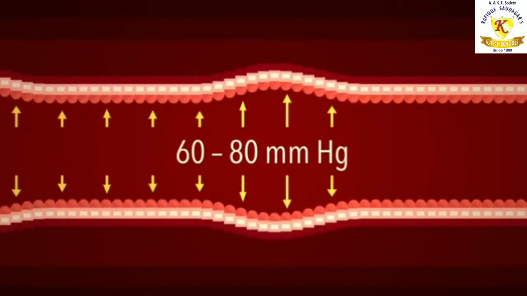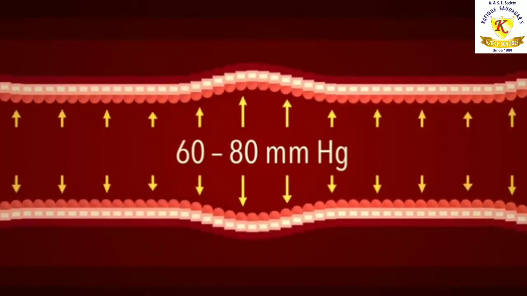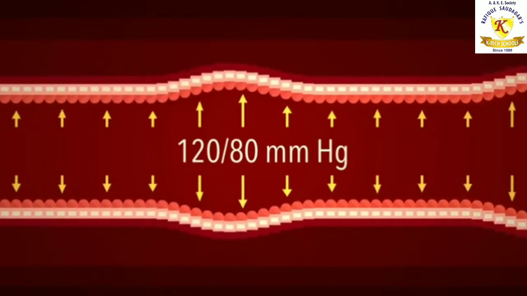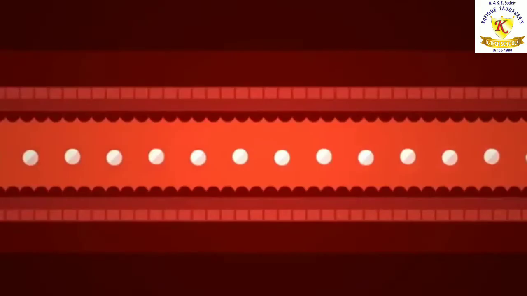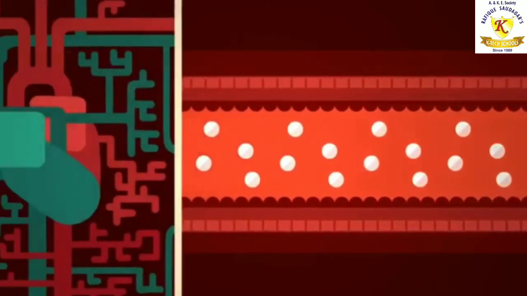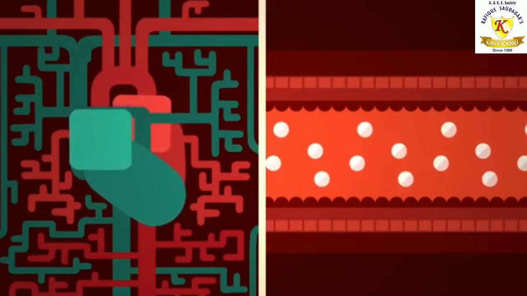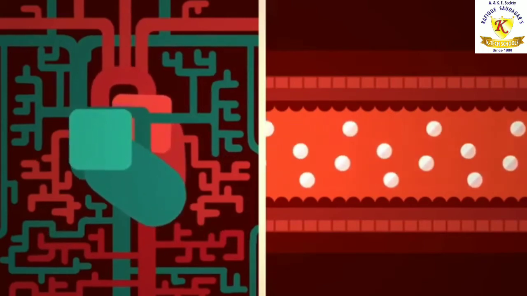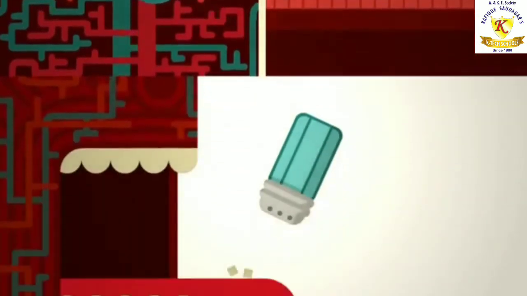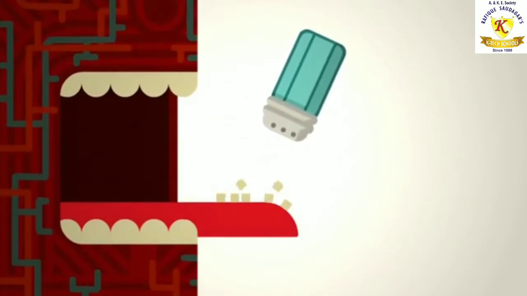Taken together, a normal reading is 120 by 80 millimeters of mercury. A higher pressure is needed to push it, so the heart will pump harder. A high salt diet will lead to a similar result.